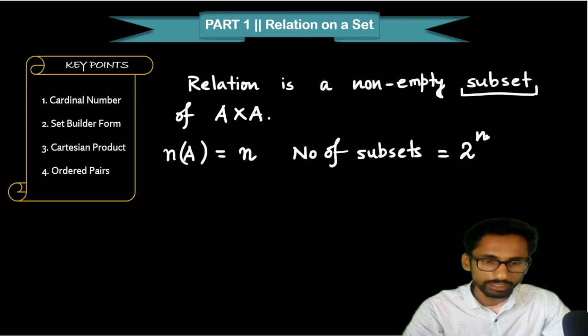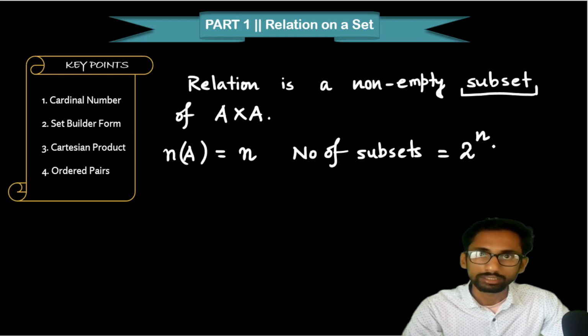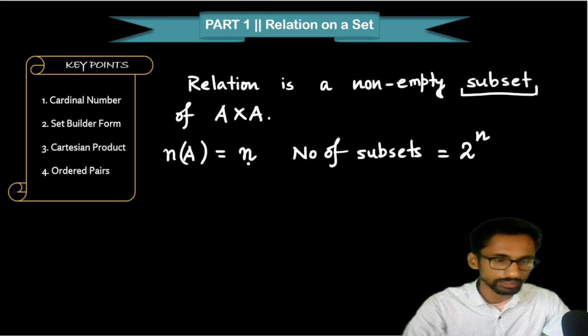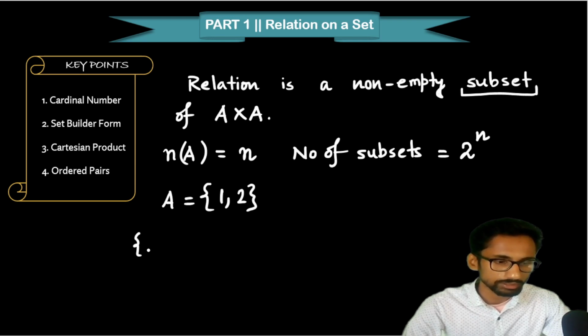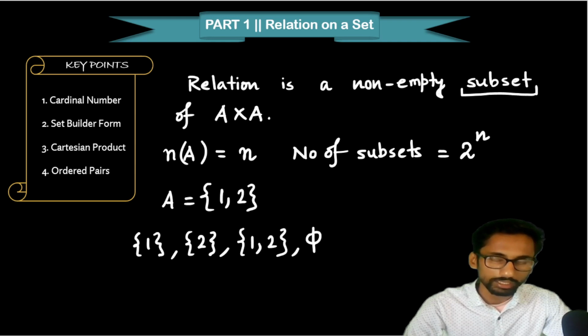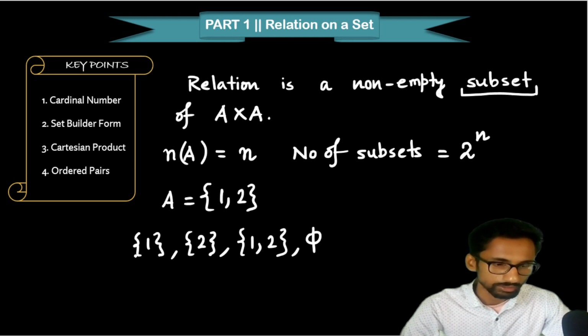So this 2 to the power n counts all the possible subsets out of a particular set with cardinal number n. For example, if we take a set A as 1, 2, then the possible subsets are {1}, {2}, {1, 2}, and the phi. Phi is the universal subset. So in this case the cardinal number is 2 and the total number of subsets is 2 to the power n, that is 2 squared, that is 4.